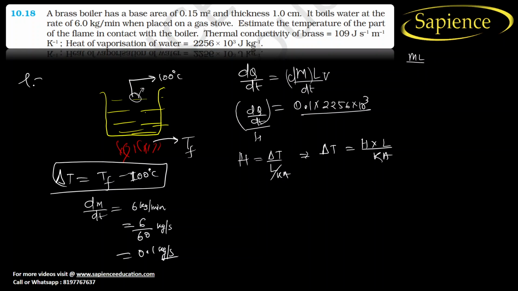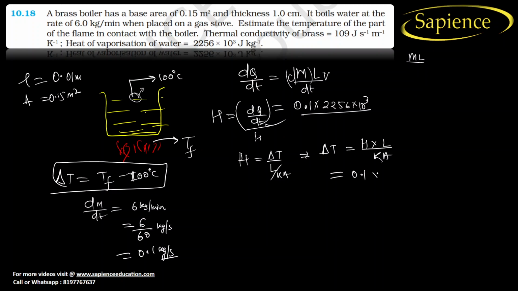So the value of L is given as 1 centimeter or 0.01 meter, and the area is given as 0.15 meter square. So here we need to put the value of H, that is dQ/dt.